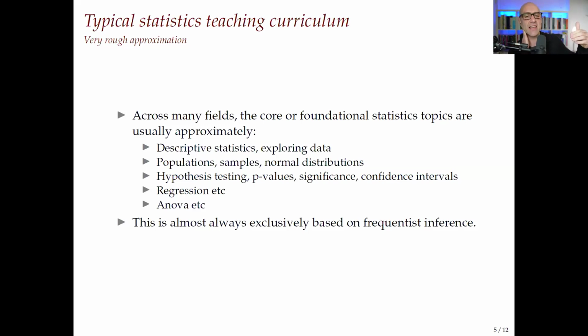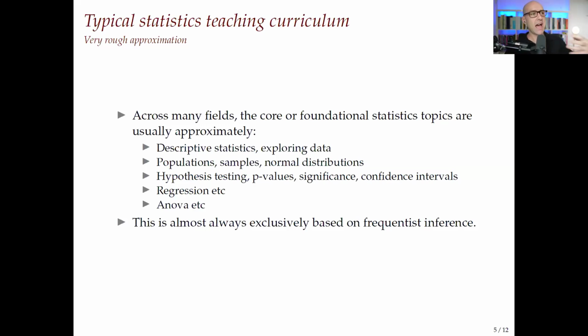So basically, you start with covering descriptive statistics, exploratory statistics, and then you start getting into inferential statistics, and you talk about populations and samples and sampling distributions, and maybe a bit about normal distributions, and then you're on to the good stuff: p-values and confidence intervals and hypothesis testing and so forth.